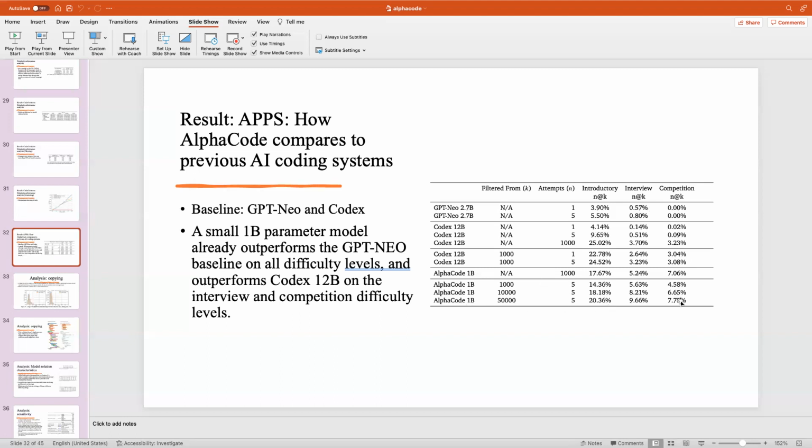Since AlphaCode is fine-tuned mostly focusing on competition coding, I guess its performance in the introductory and interview categories is actually weaker than in the competition category. Okay. Thank you. Yeah, sure.